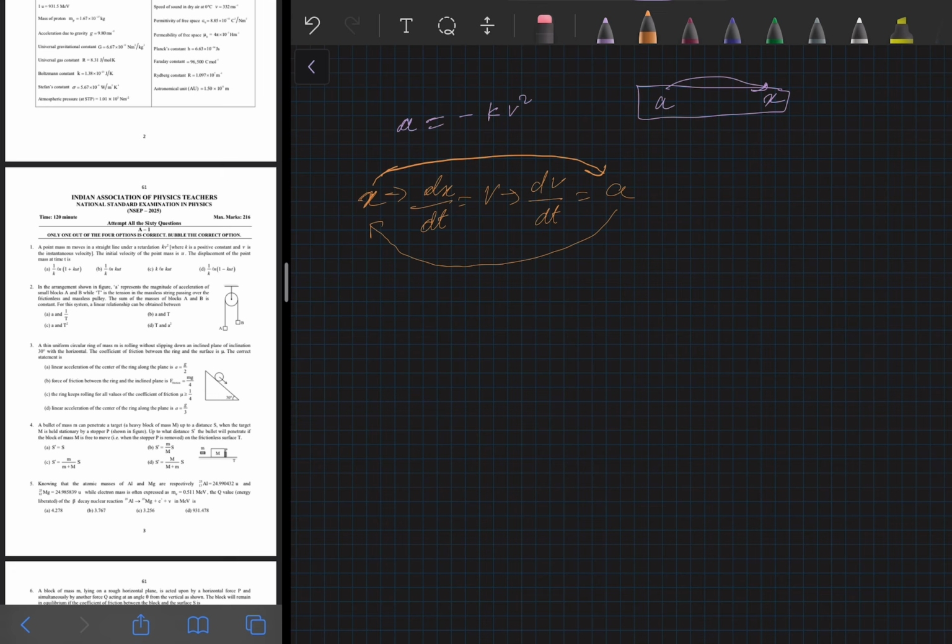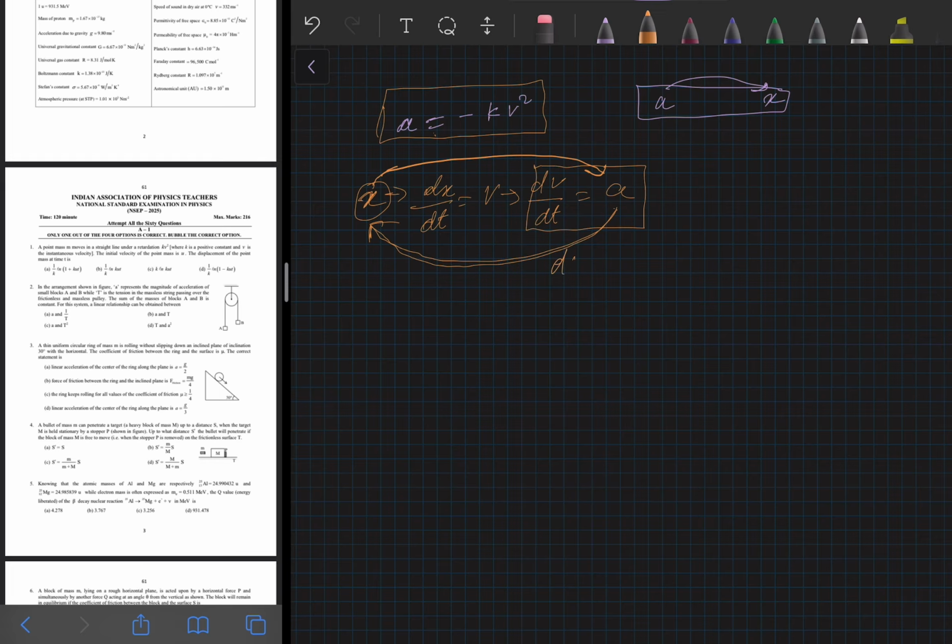Whatever the term is, we integrate it twice and we get the value of x. Right now we have a equals this, so we integrate it twice and we'll reach the displacement. So how do we go about it? Let me just give a general example.